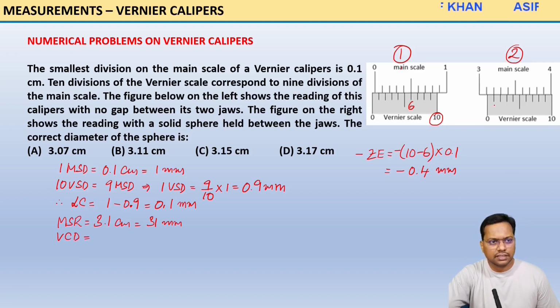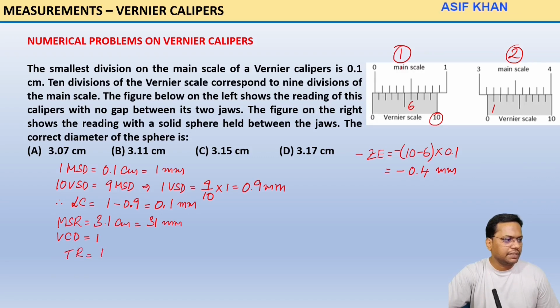The first line is coinciding, therefore VCD is equal to 1. Now we find out the total reading, that is the diameter of the sphere. The total reading, TR, that is the diameter D, is equal to MSR 31 plus VCD, that is 1, into the least count, that is 0.1.